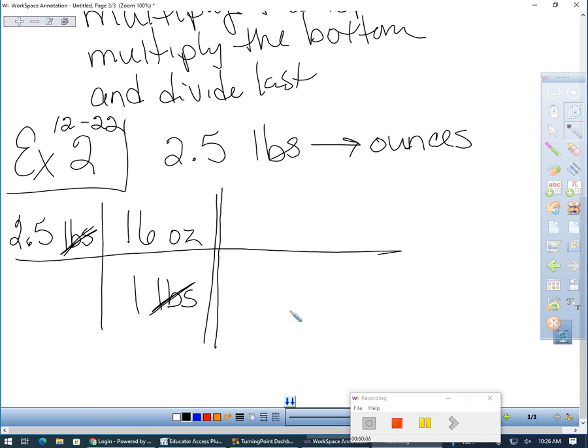So go ahead and grab your calculator and multiply 2.5 times 16. 40. So we have 40 ounces. On the bottom, it would be 1 times 1, or 1. So do we have to divide by 1? It's going to be the same, right? All right, so we have converted it into ounces.